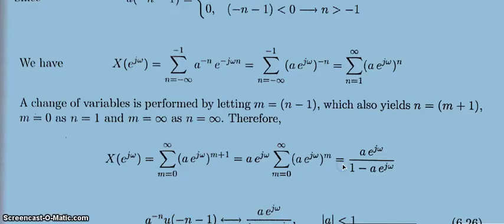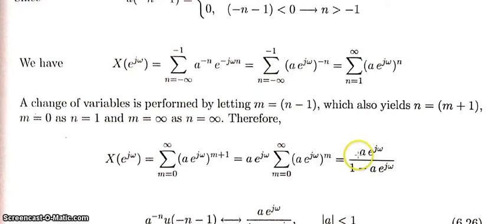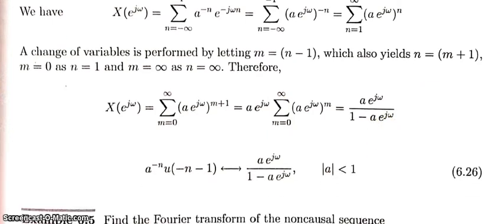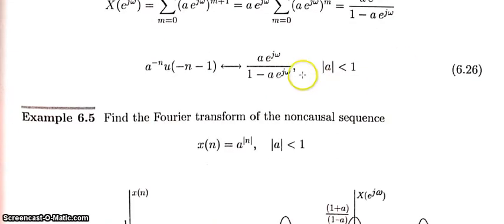Now it is a e raised to j omega, that is the term outside this summation, and this summation reduces to 1 by 1 minus a e raised to j omega. Okay. So therefore the Fourier transform of a raised to minus n u of minus n minus 1 is a e raised to j omega by 1 minus a e raised to j omega, and modulus of a is less than 1.